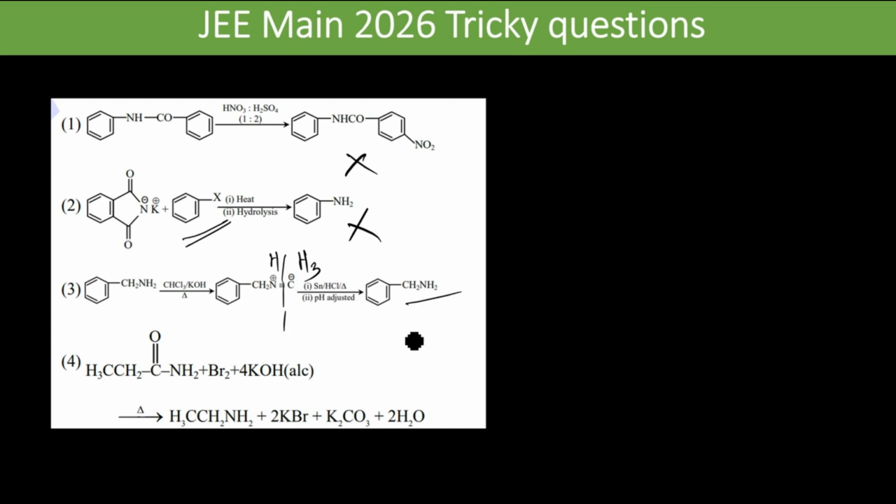Not CH2NH2, obviously. One carbon is missing over here. So that is again the wrong answer. What about D? CH2, C double bond O NH2 with Hofmann bromamide, which is giving us CH3CH2NH2. Yes, right. Hofmann bromamide will give you one carbon less. So that is right. So only the fourth option is right.